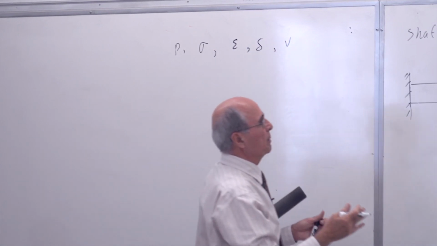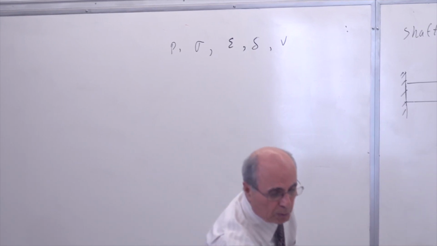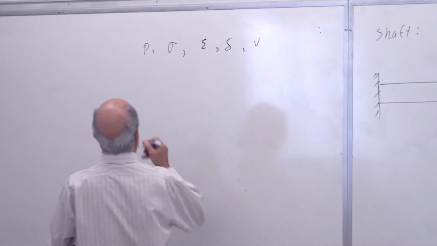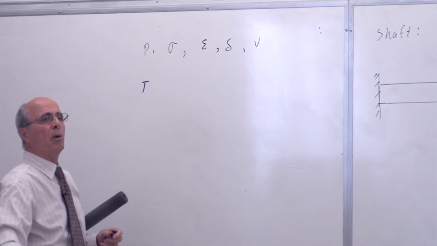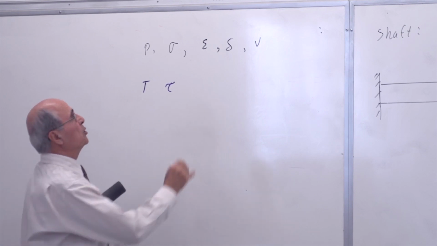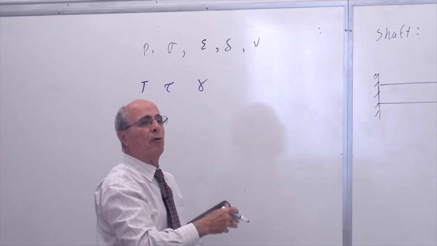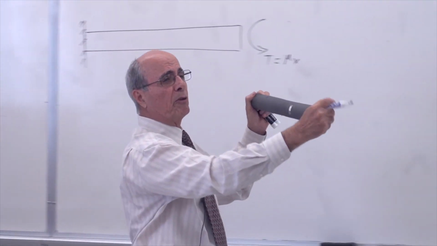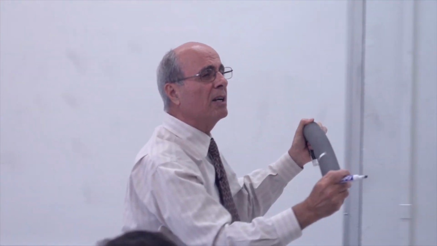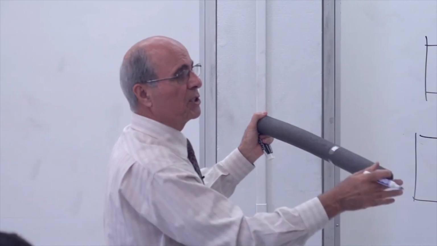Now, what are we talking about here? This is the idea. This time I put it in color. We should be looking for the following. The force actually is in the form of a moment, yes or no? We should be looking for tau. We should be looking for gamma. And we are looking for a deformation. You just told me the deformation is in the form of angular rotation, yes or no? Although it's very small, you don't see it.